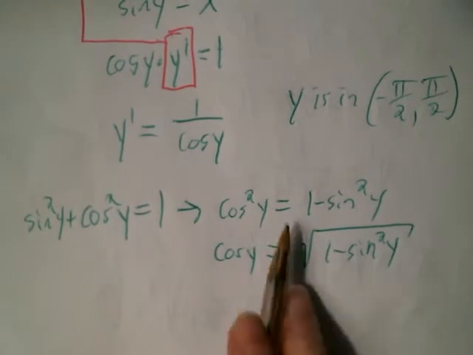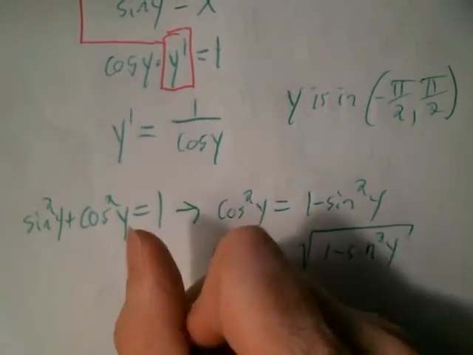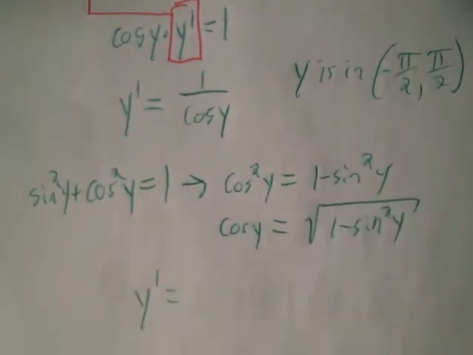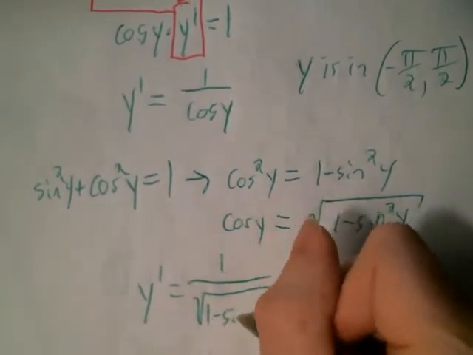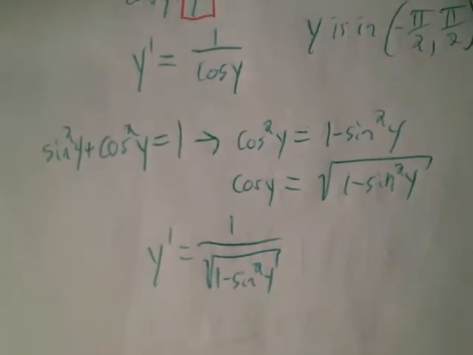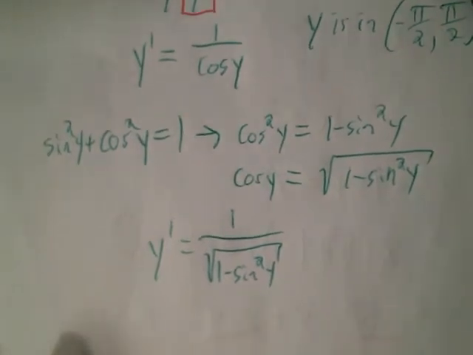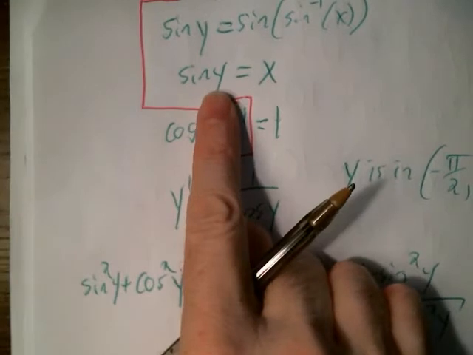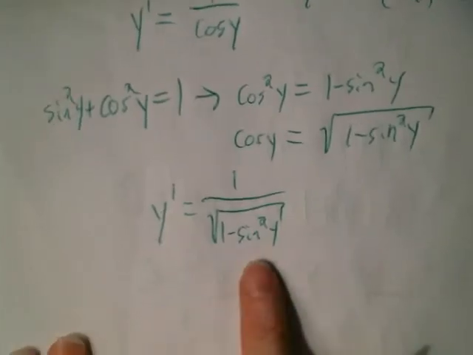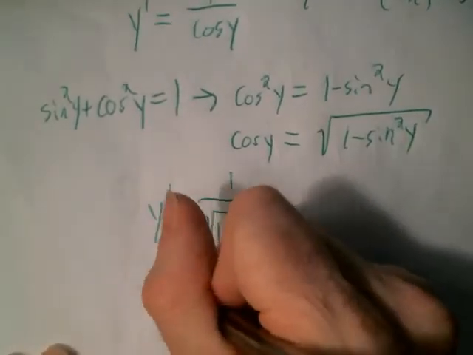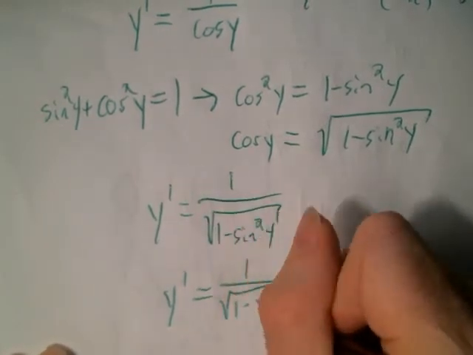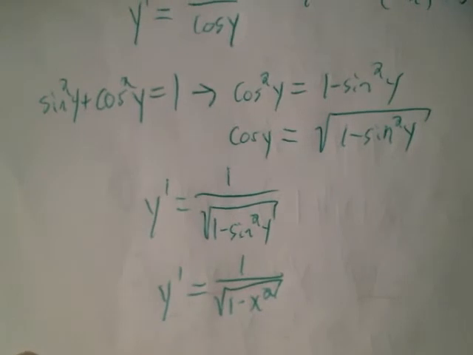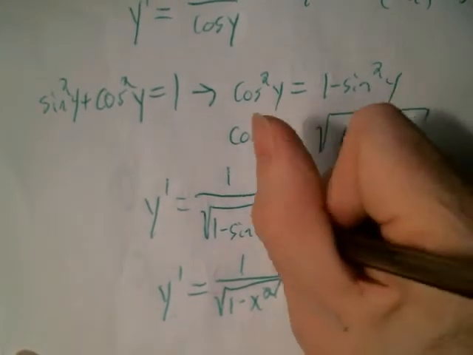Now this allows me to rewrite this, and you'll get y prime is equal to 1 all over the square root of 1 minus sine squared y. And then sine of y, we said, was equal to x, so I can replace this expression with something that is algebraic, 1 minus x squared. We get rid of that nasty transcendental function sine y.